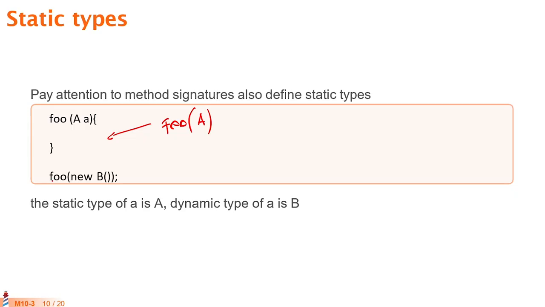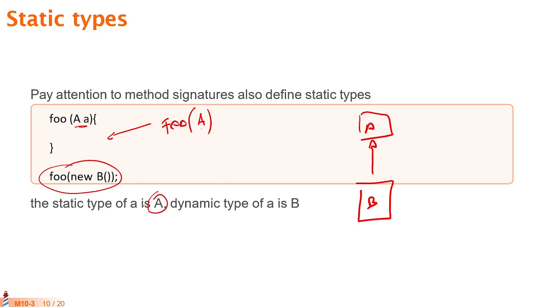Remember that we can send the message foo that receives an object of class A with instances of the class B also, because, as I always say in these examples, B is a subclass of A. It's a subtype of A. So in this case, we are sending the message, and the message is sent correctly, but the static type of the variable A is always the class A, and the dynamic type is B. As before, we have a mismatch between them.